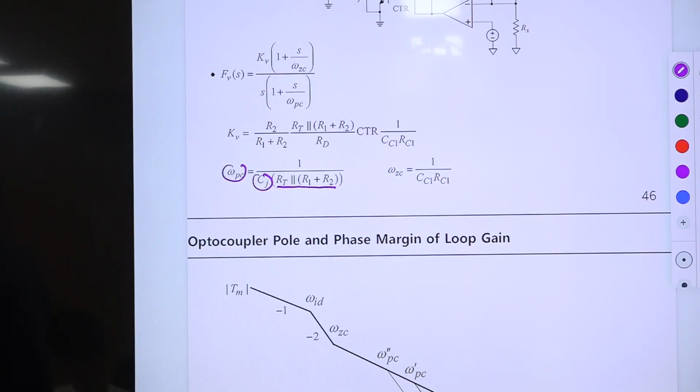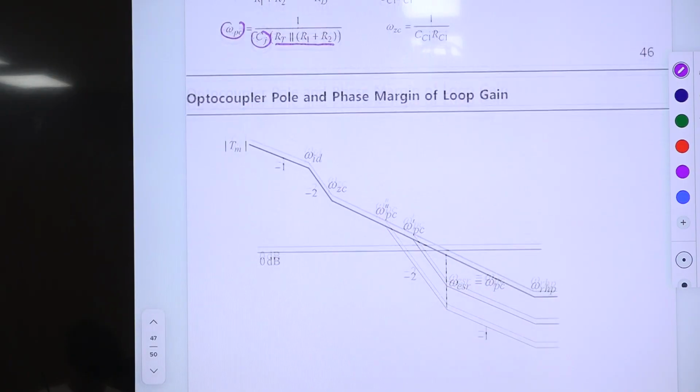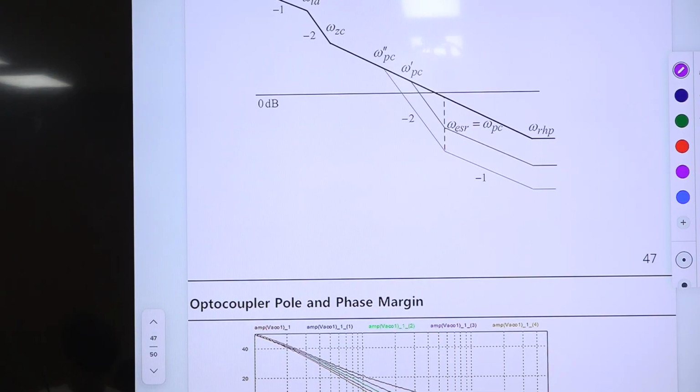For that case, this is a somewhat exaggerated explanation, but not entirely exaggerated. I made one mistake here. The pole is here. This is omega Ci, the current loop crossover frequency. We have a pole, then the slope changes.